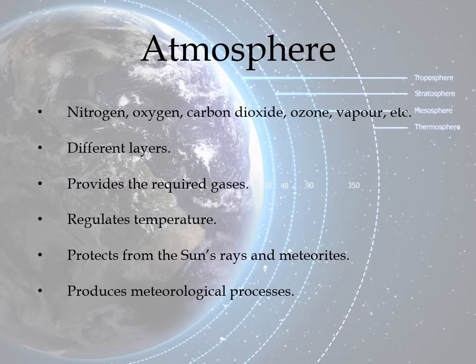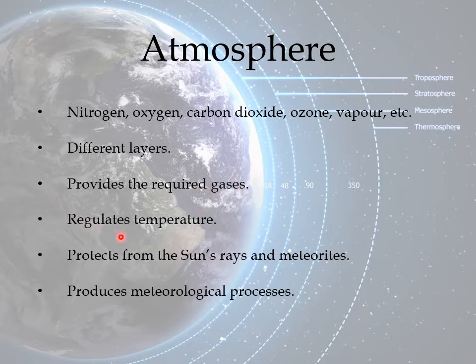So, the atmosphere is made up of several gases: nitrogen, oxygen, carbon dioxide, ozone, water vapor, and so on. It has different layers that we have already mentioned, and provides the required gases for us to live and to breathe. The living beings need gases to survive, and these gases are found in the atmosphere.